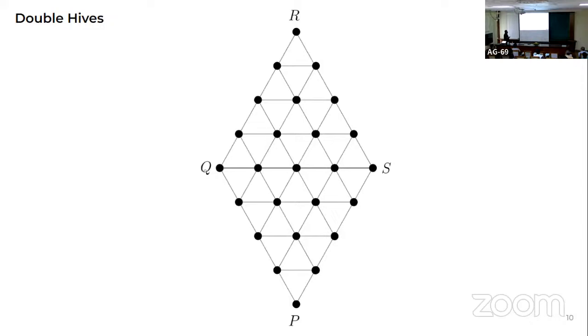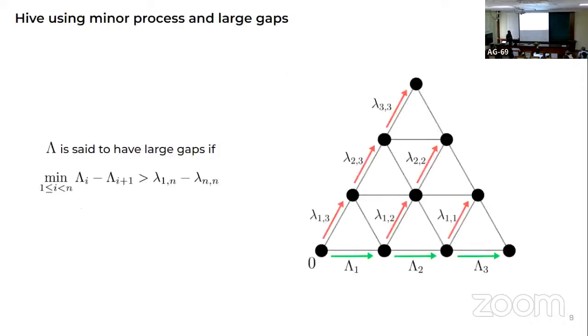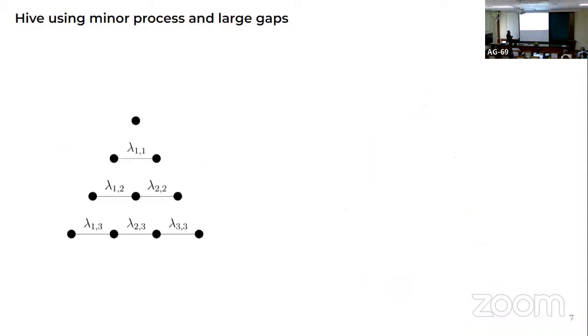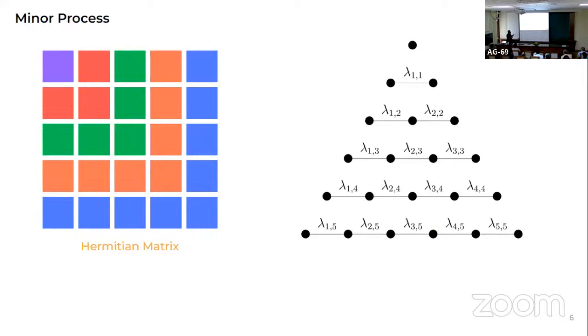Now I'll explain the double hives. Not all Hermitian matrices will give rise to triangles that satisfy the hive inequality. All Hermitian matrices with their top minor processes will give a Gelfand-Tsetlin pattern.